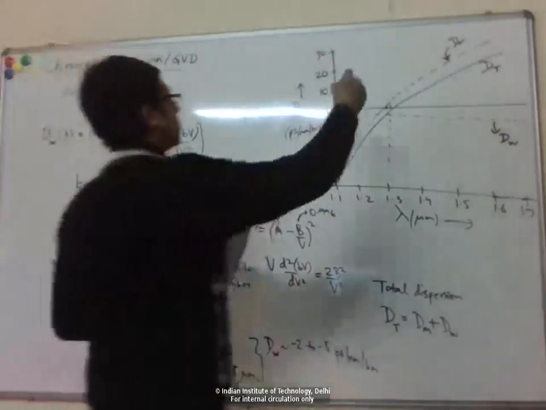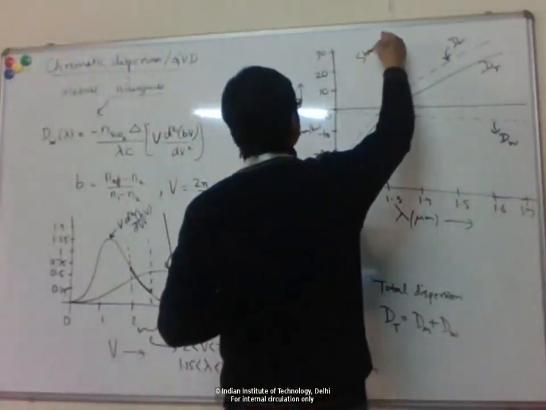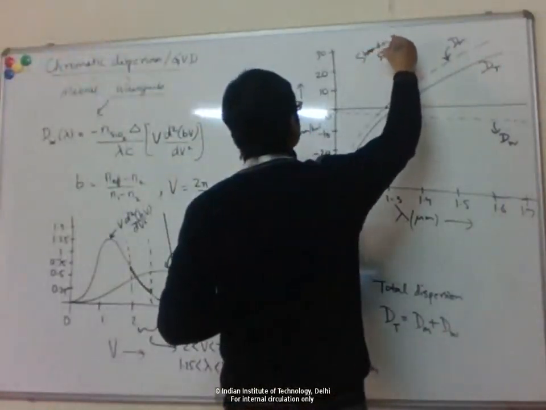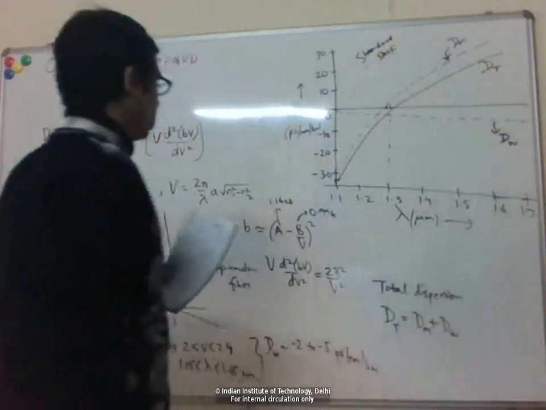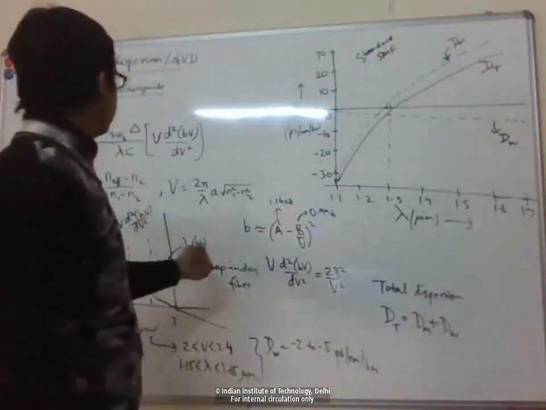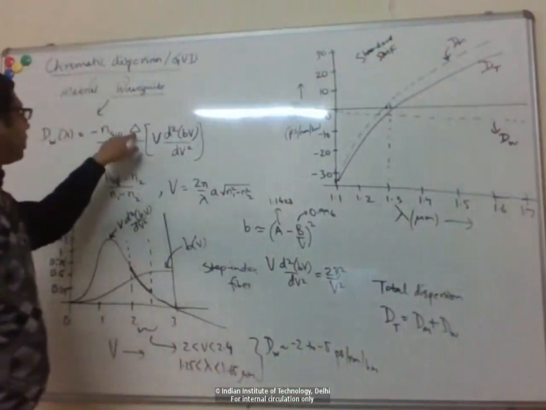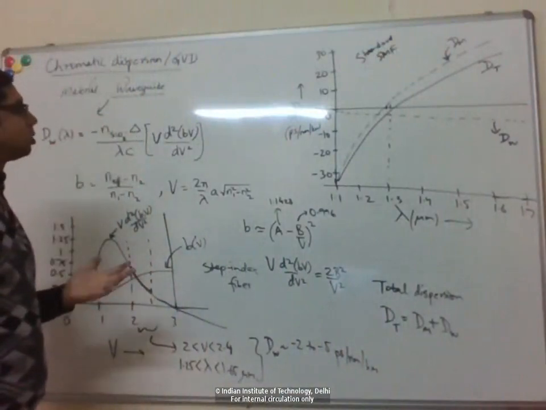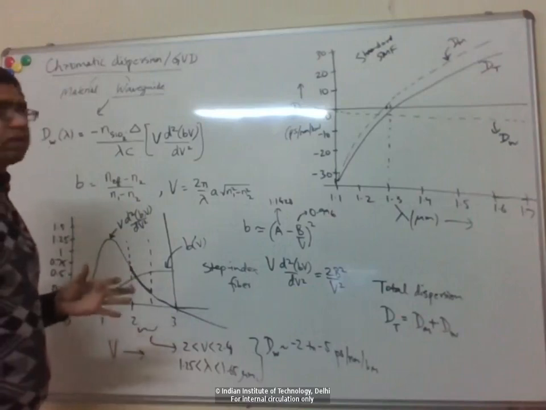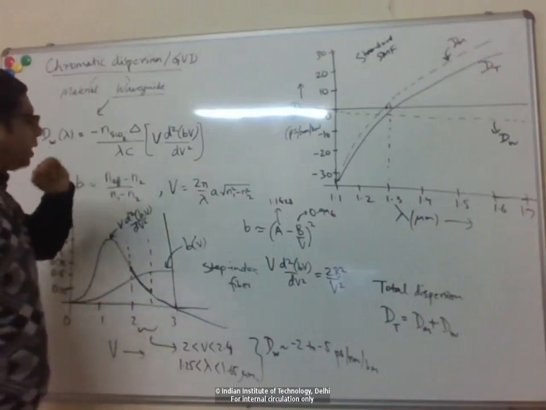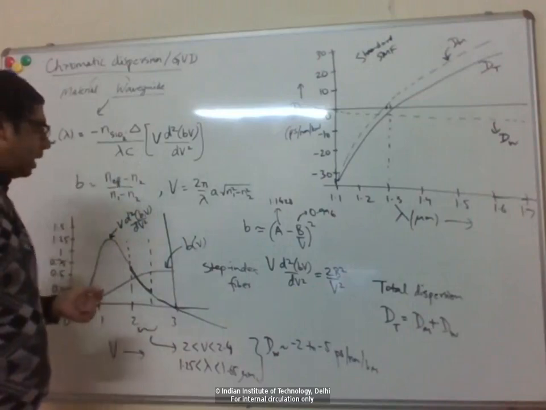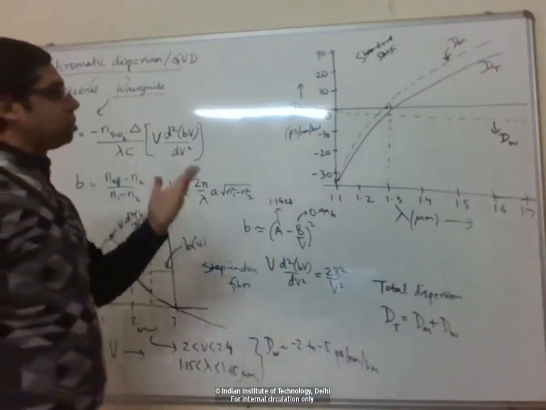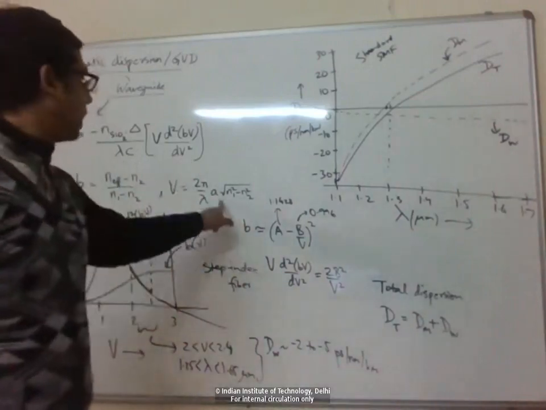This is for a standard or conventional single mode fiber. It's a step index fiber, with delta around 3 to 5 times 10 to the minus 3, so 0.003 to 0.005, and the core size a is about 4 to 5 micron radius.